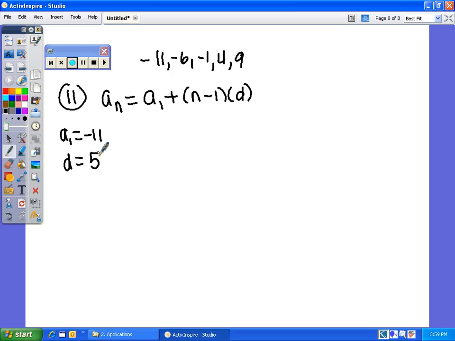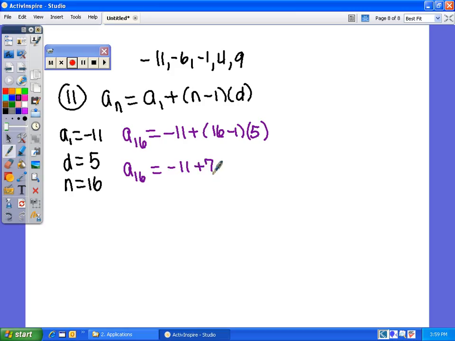So your n is 16 because we're finding the 16th term. So we're trying to find a16. So a sub 16 equals negative 11 plus 16 minus 1 times the difference, which is 5. And we find out that the answer is 64.